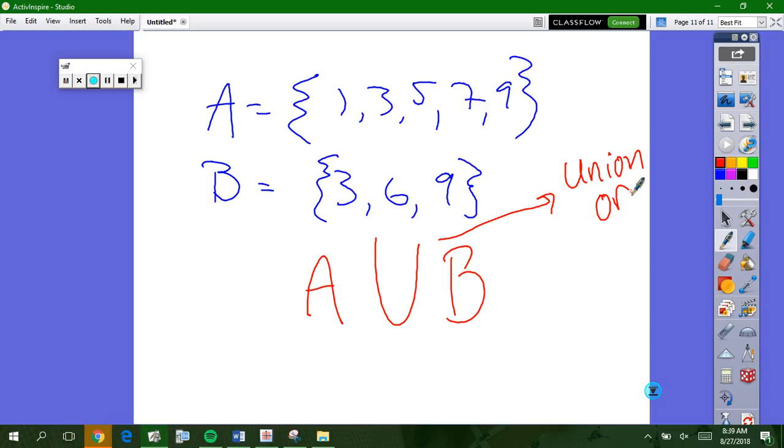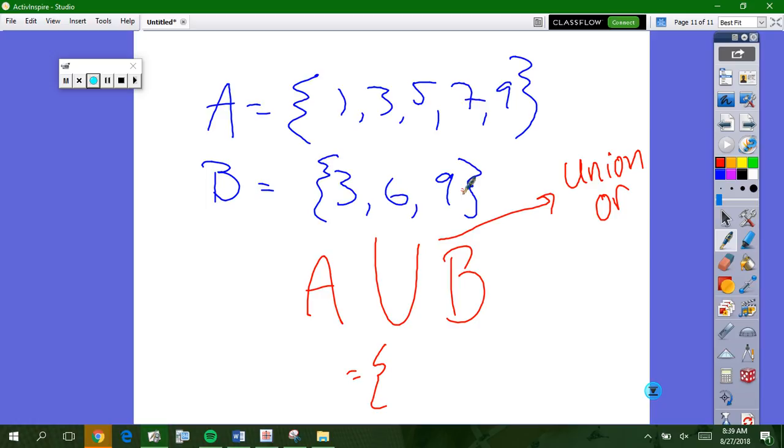Not and, or. So therefore, this is equal to what numbers are in A or B? What numbers are not in this one that are already in the other? You guys get that 6 is the only number that's different?